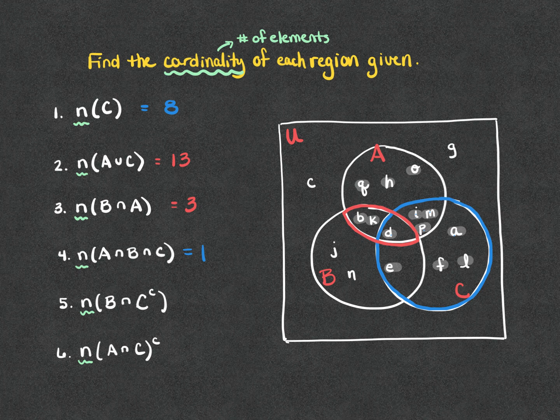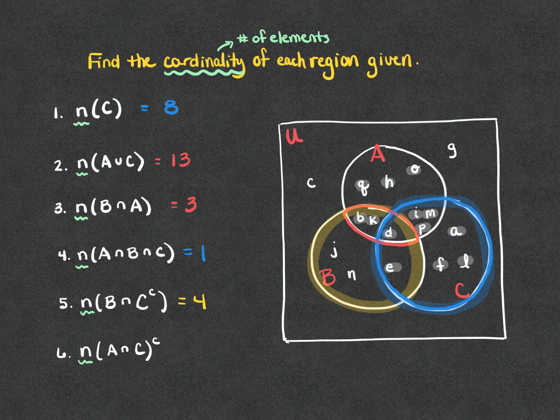So where does set B, I'm going to highlight it here, where does set B overlap with everything outside of set C? Well, that region of overlap is this region right here, where they overlap with what's outside of C, but what is inside of B. So if we count those elements, we've got 1, 2, 3, 4. And so our cardinality is 4.